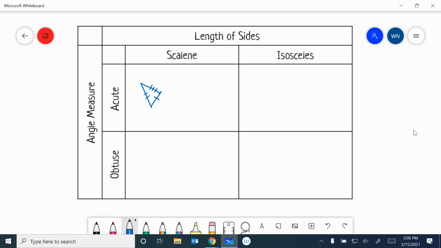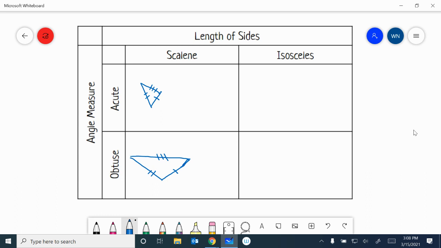I want you to go ahead and draw an obtuse scalene triangle. Your obtuse scalene triangle should look something like this. Make sure, oops, that's not a very straight line there. Make sure you go ahead and mark your sides to show me that all 3 are totally different.